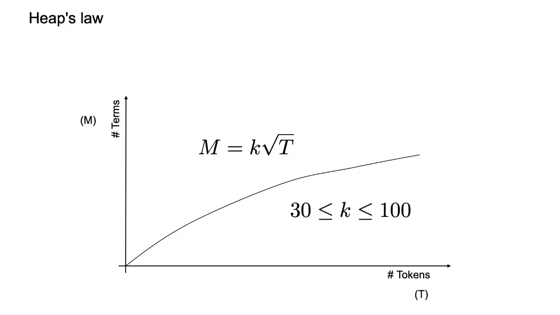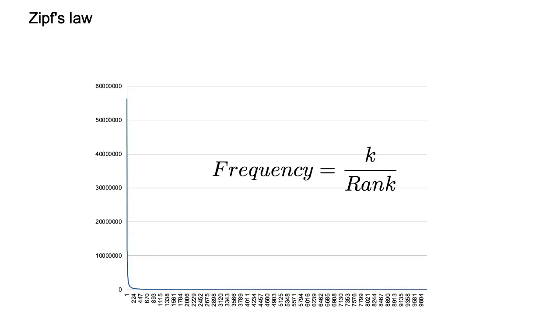You can just take whatever string you want as a company name. Okay, so that's Heap's law. And again, the surprising part here is that it keeps increasing and there is no actual limit to the number of terms.